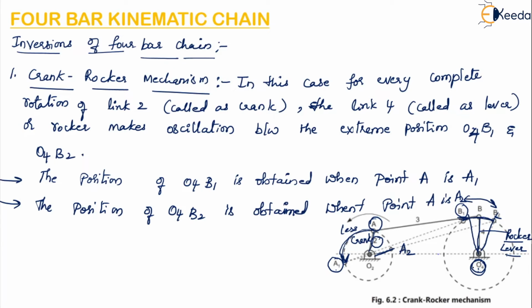But for the next extreme position of the rocker, O4 B2, the angle which the crank has to rotate is a bit larger, that is A2.